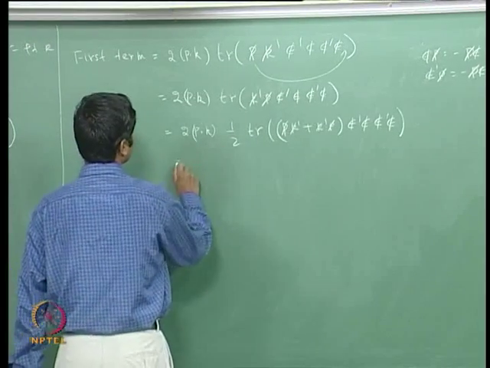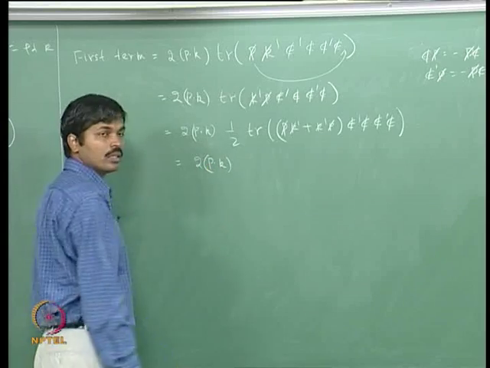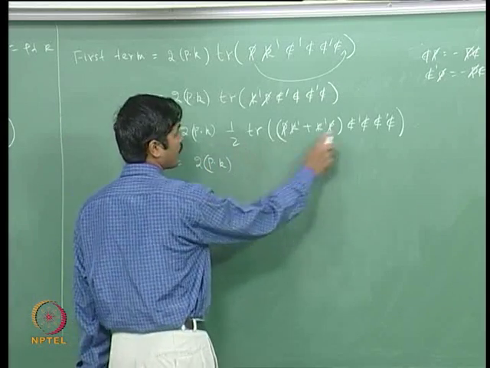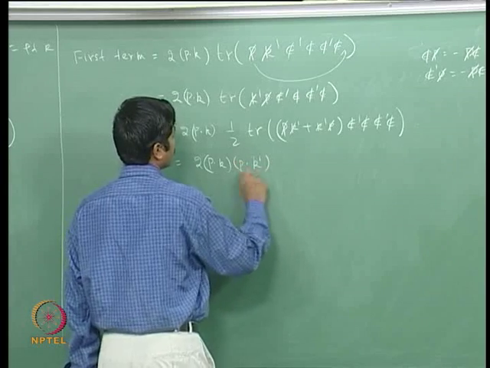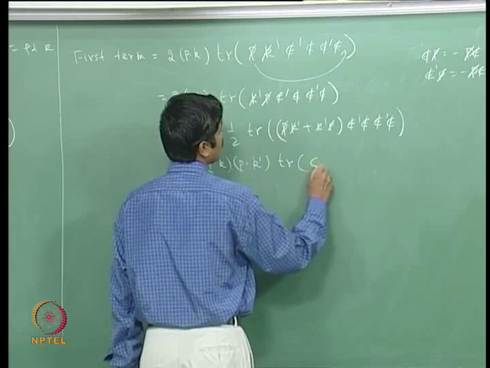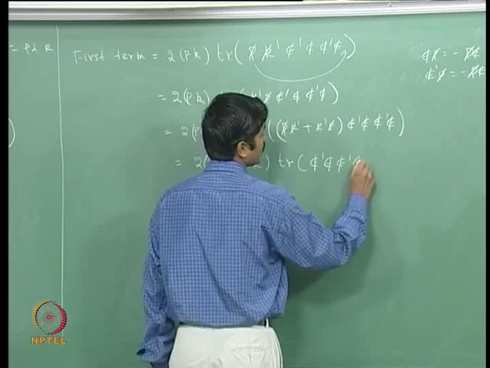So, therefore, what I get is twice p dot k times half times 2, which gives me 1, p dot k prime trace of epsilon prime slash epsilon slash epsilon prime slash epsilon slash.